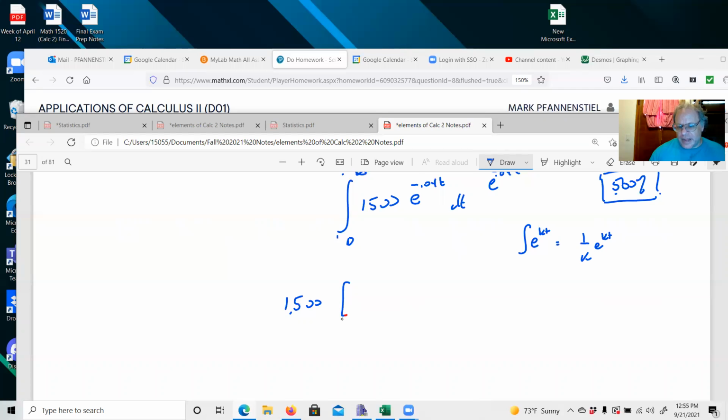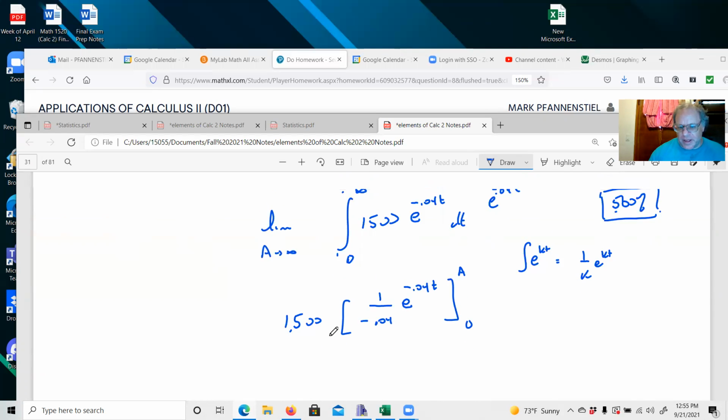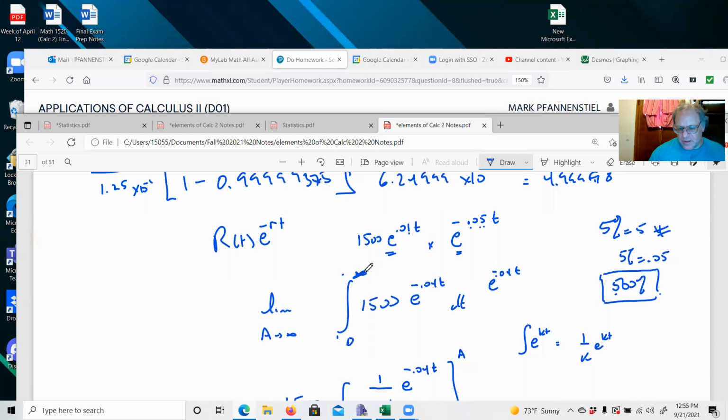And then here we have 1 over negative 0.04, e to the negative 0.04 t. And we're going from 0 to a, limit as a goes to infinity. We're going to get rid of this and write an a instead. So we want to make it look kind of formal.